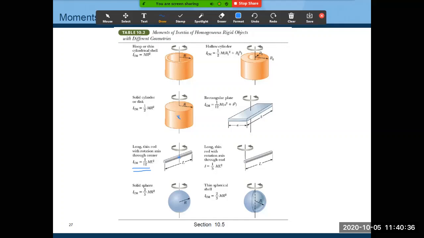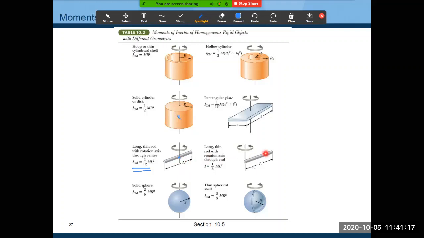But not all situations have rotation about the center of mass. Say you could move the axis of rotation from the center of mass to the end of the rod. Then the calculation or the integration has to be done starting from the beginning. Or if the new axis of rotation is parallel to one that passes through the center of mass, say in these two cases, the axes of rotation are parallel.